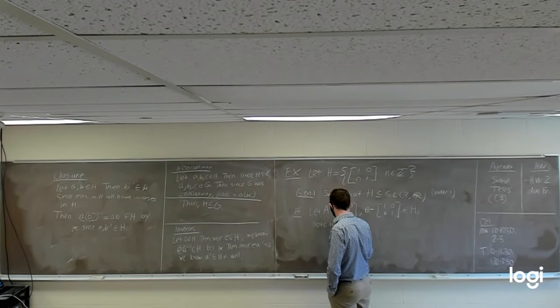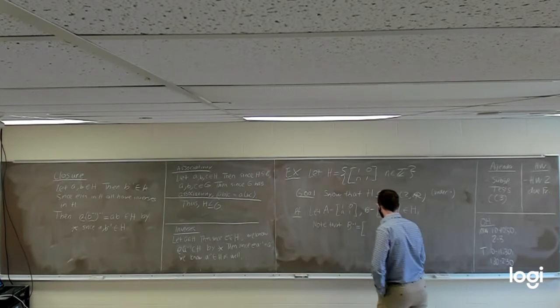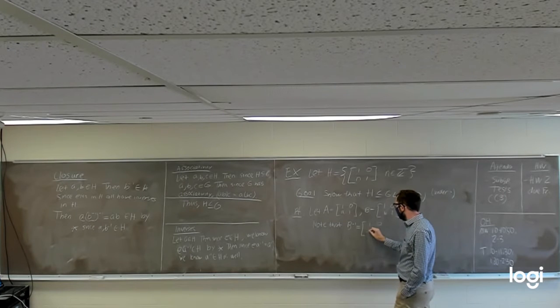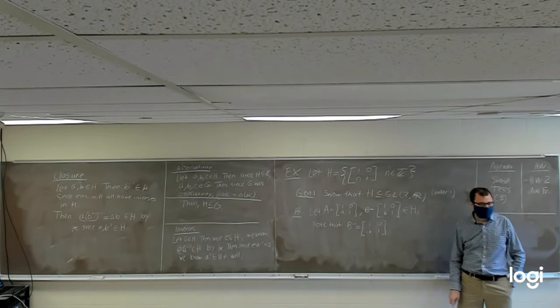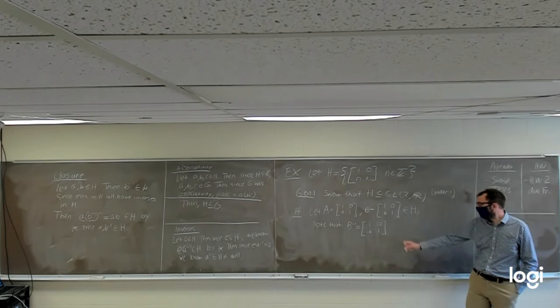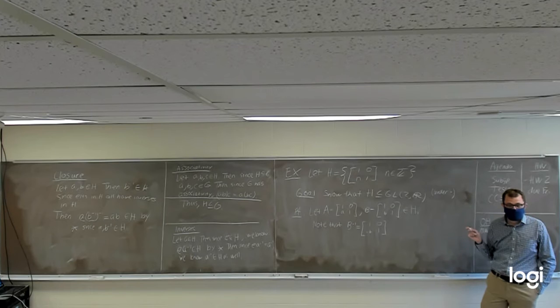I claim that B inverse is equal to 1, 0, negative B1. How can we check that B inverse is equal to that thing relatively quickly? If you can, please give me an answer that doesn't involve row reducing. Multiply B and B inverse to get the identity.